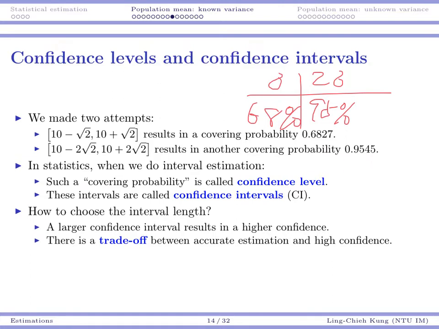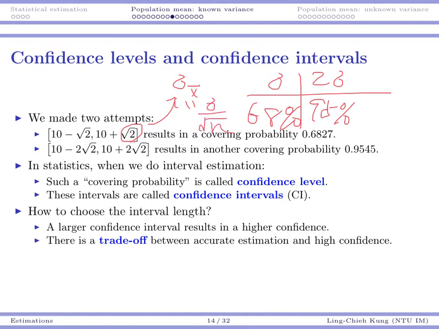So obviously, the reason for us to get 68 is because square root of 2 is just 1 sigma of x bar, which is just 1 sigma over square root of n.